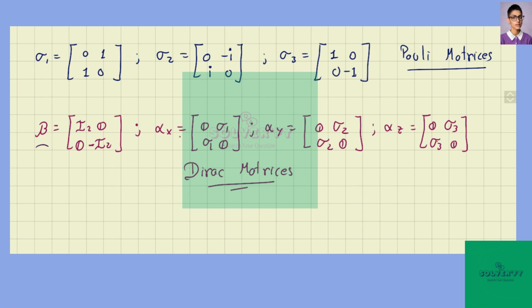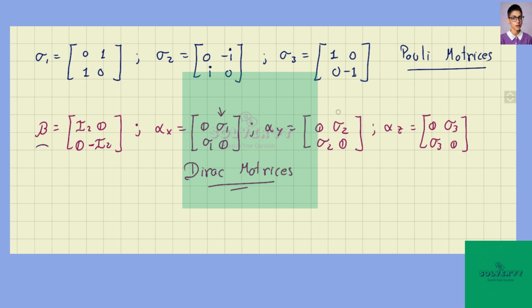And then we have the other Dirac matrices: alpha x has the sigma 1 Pauli matrix, alpha y has sigma 2, and alpha z has the sigma 3.